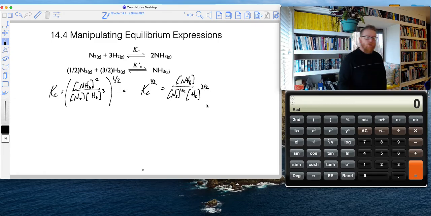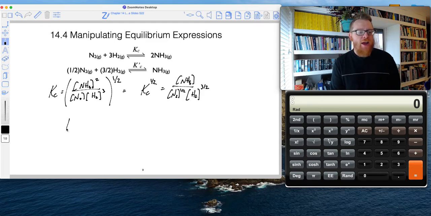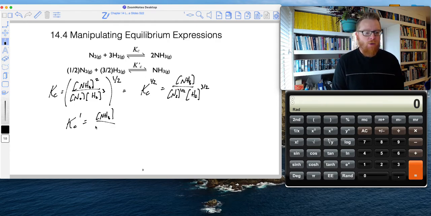Well, what happens if I were to write the Kc prime, the equilibrium expression for the way I've got this reaction balanced? You might notice already that I'm going to get the same thing that I just wrote down. So for the second reaction, that's [NH3] to the power 1, but we don't have to write the power 1.